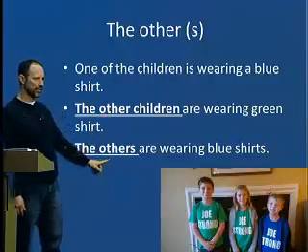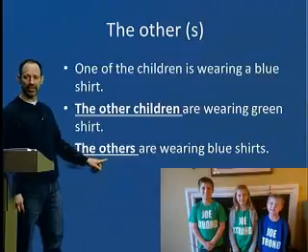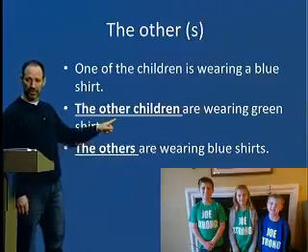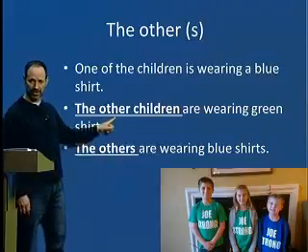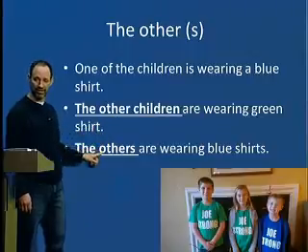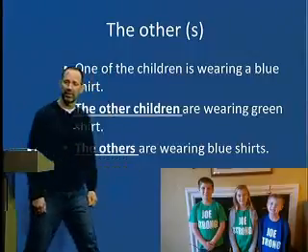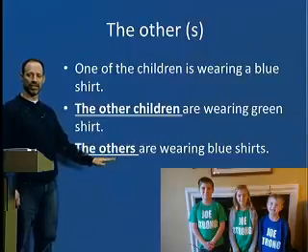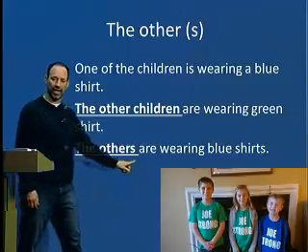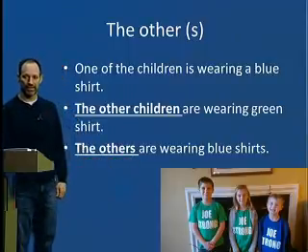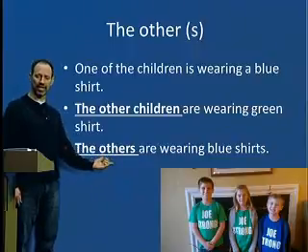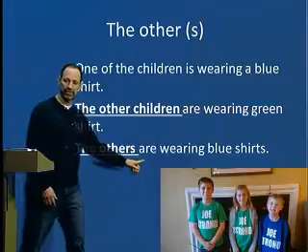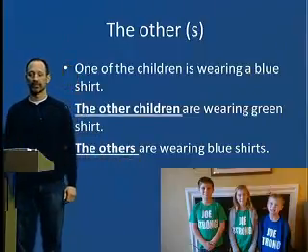In this one, I use the others as a pronoun. It replaces the other children. So the other children, the others are wearing green shirts. Notice that here I have an S on the others to show that it's plural. It's more than one as the rest of the group, and I use the plural form of the verb.